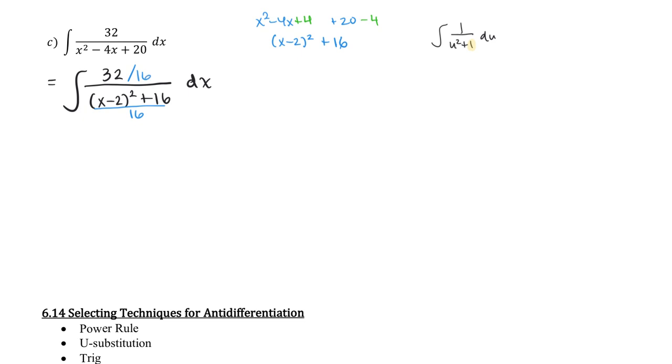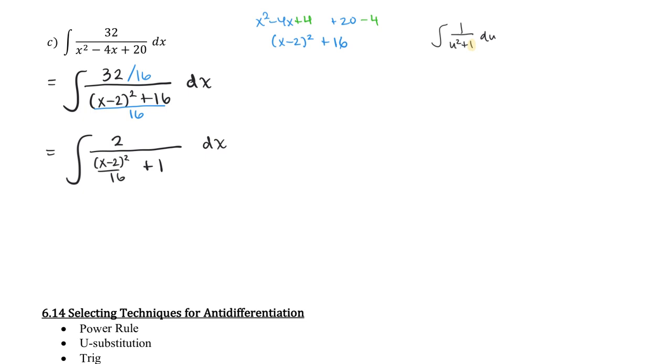Okay, let's stare at this and see what it looks like. So now this is a 2 at the top. Now at the bottom, I have (x minus 2) squared over 16, but I do have a 1 here, dx. Okay, now this looks better. There's a 1 here, but I want this u squared to be like 1 quantity squared.